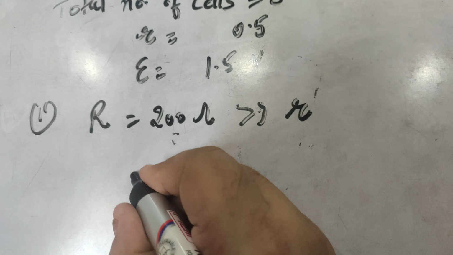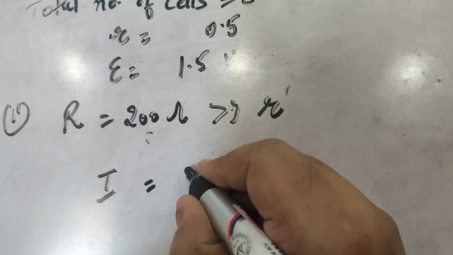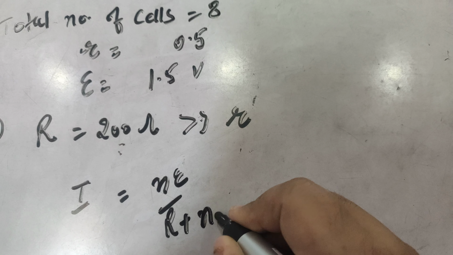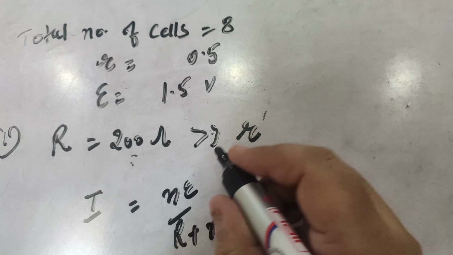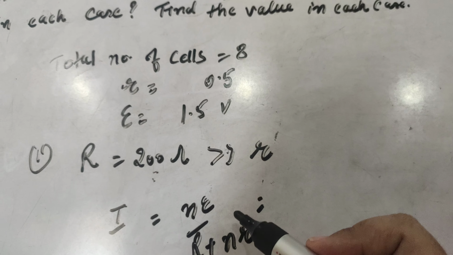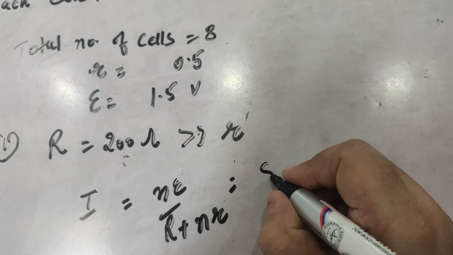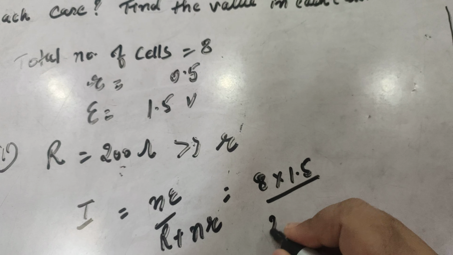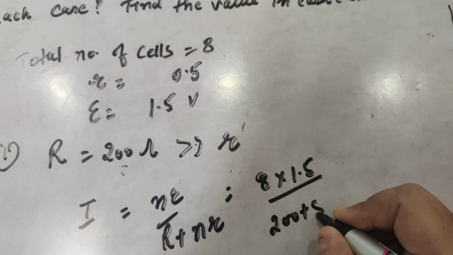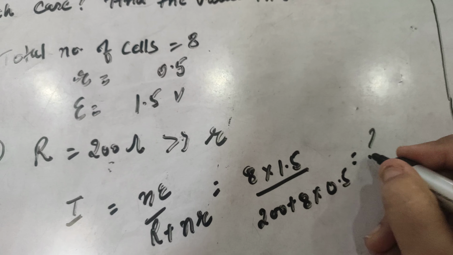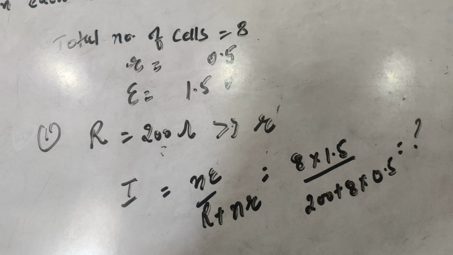Here n is the total number of cells, which is 8. E is 1.5 upon R is 200 plus 8 into internal resistance 0.5. So we can get the value of the current.